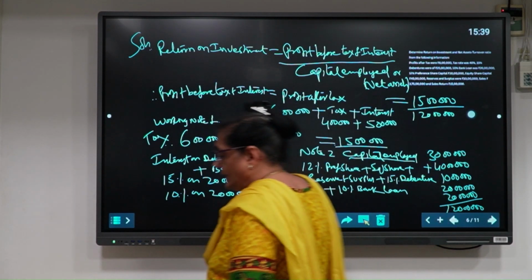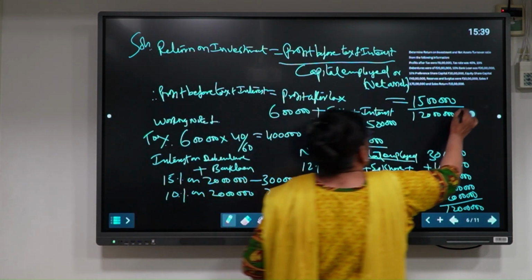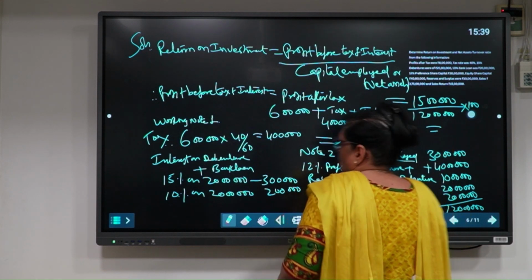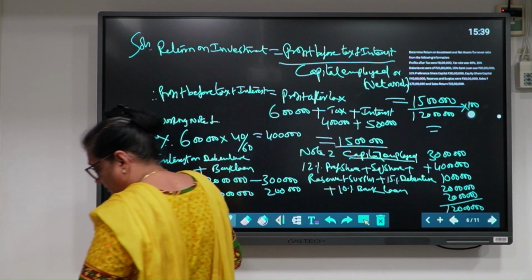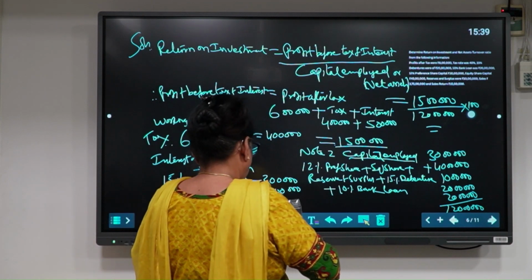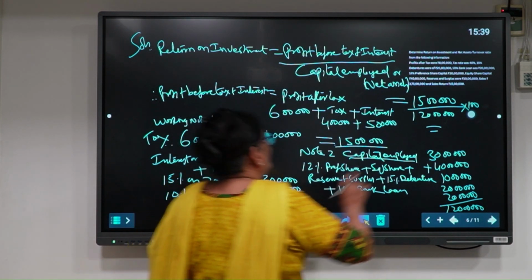Into 100, because this is return on investment. You do that percentage calculation: 15 divided by 120, you get 12.5%.